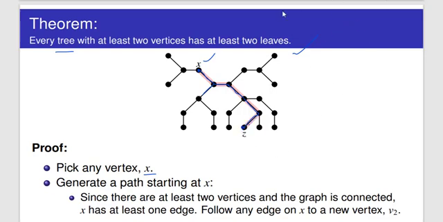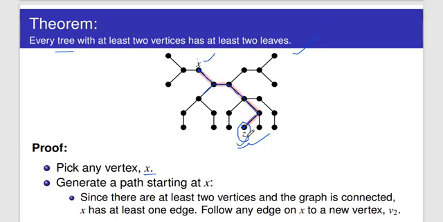So we have drawn one path. Now this z has only one edge, so its degree is 1. So in the tree graph, this one vertex is a leaf.